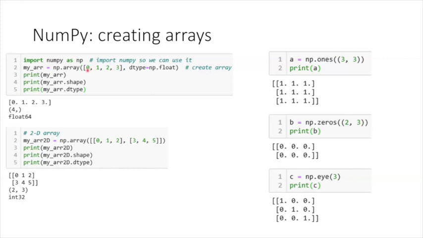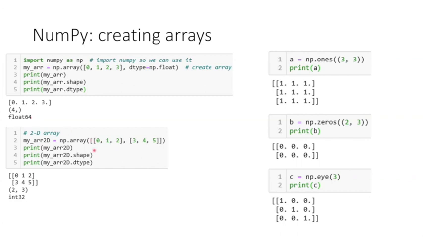In this case, we're going to set this array to 0, 1, 2, 3, and we're going to set the type explicitly to a floating point number. Now when you print this array, you can see that it is an array of floating point numbers because you can see the periods. Its shape is 4 because it's a length 4 vector, and it's got a data type of float64.